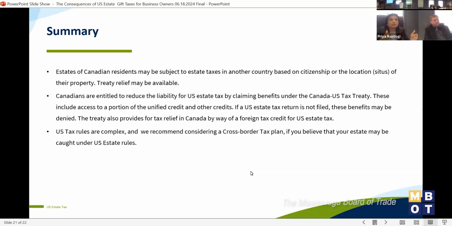Executors are responsible for timely filing, timely election, timely extension, or making timely payments. Again, US tax rules are very complex. We certainly recommend considering a cross-border tax plan if you believe your estate is caught under US estate tax rules.